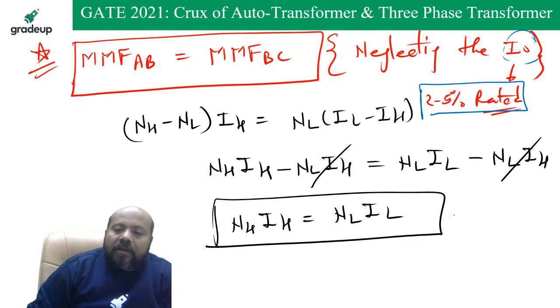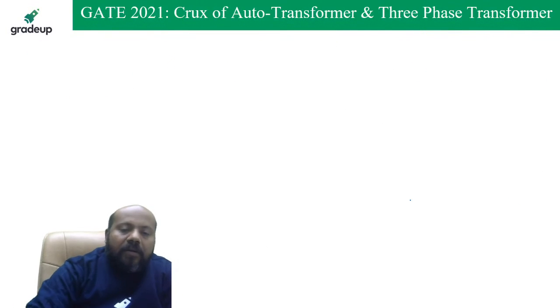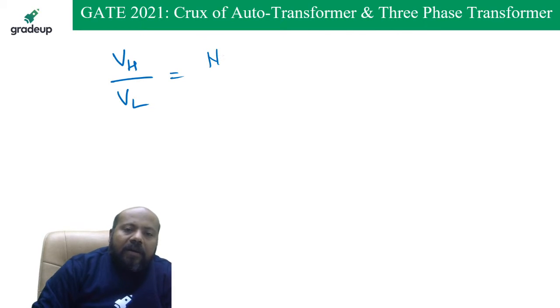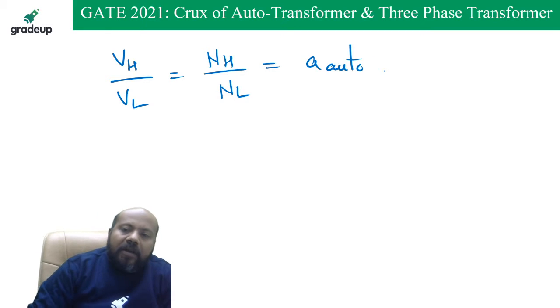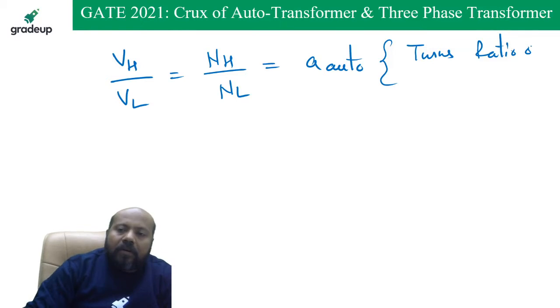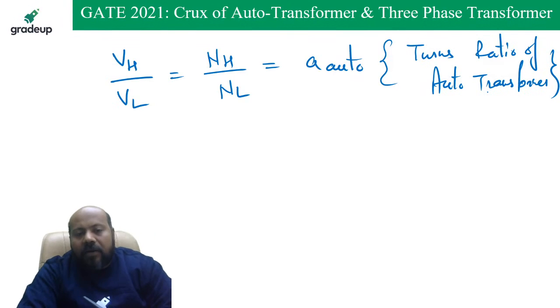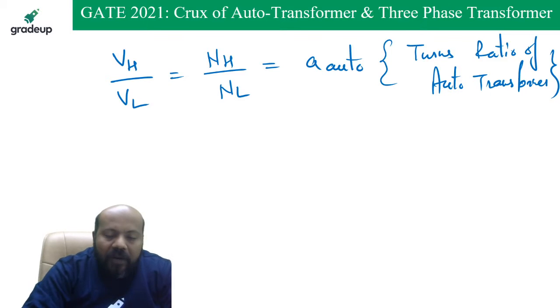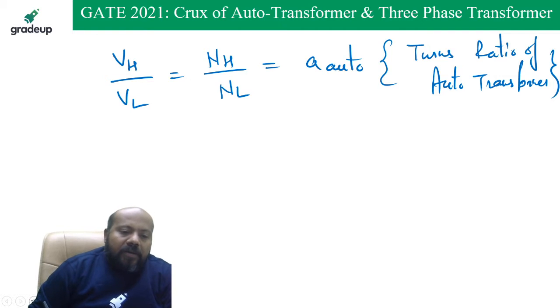Are you getting this? Now, if you have this equation, can I write VH upon VL as NH upon NL, and this I am defining as the auto transformer turns ratio. You always remember that if you want to use the formulas in solving problems in the real examination, do not forget this information.